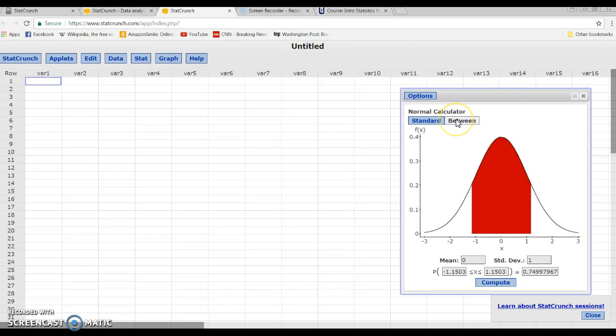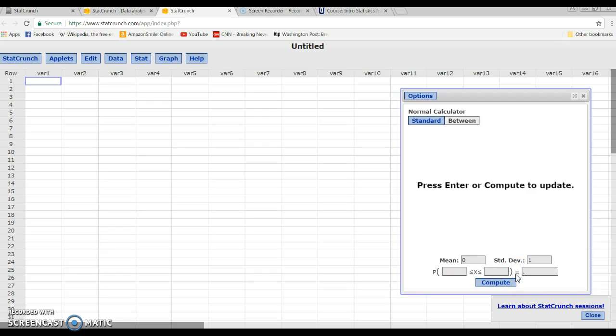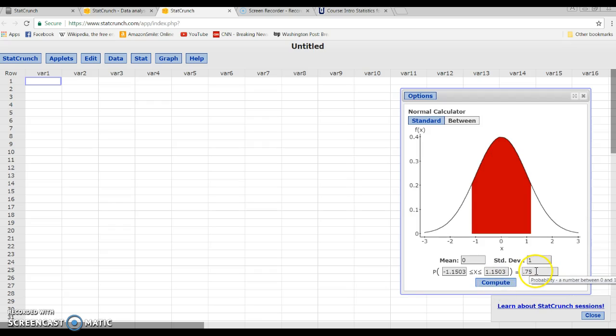Now we want between, and we're going to change this to 0.75. And when we hit compute, it'll tell us what these two values should be. So we hit 0.75. This is plus and minus 1.1503. All right, so that's all there is to that.